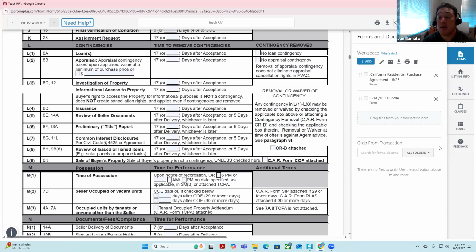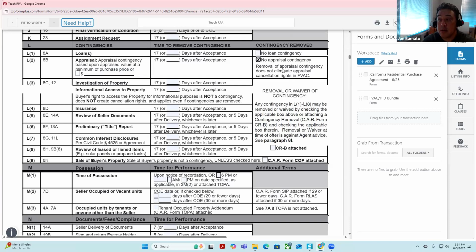Okay. I want you to note, because we always talk about, oh, there's 3 contingencies: loan, appraisal, and inspection. It's more complicated than that. There is loan approval. If you check no loan contingency, that means you're removing the loan contingency from the contract.